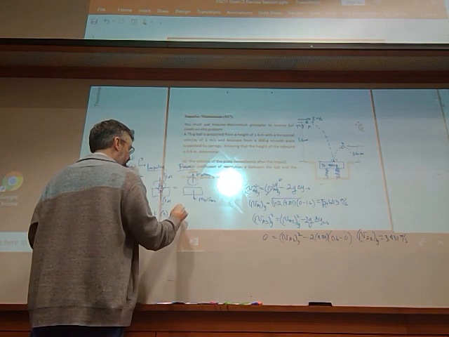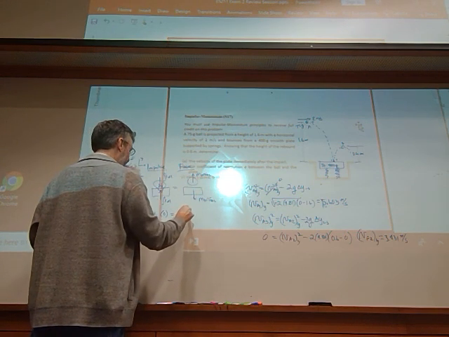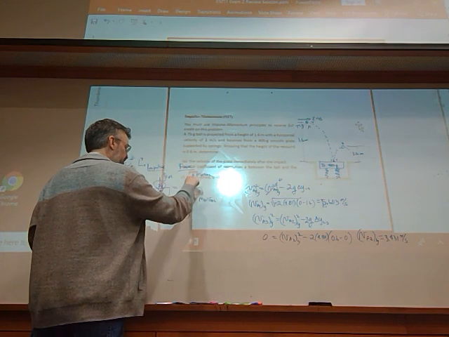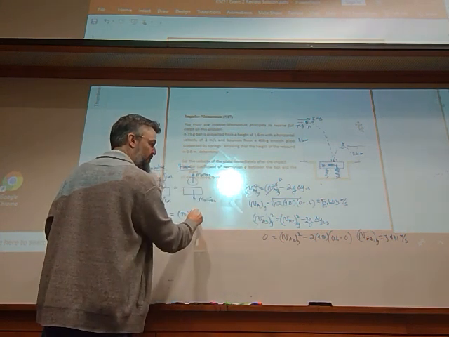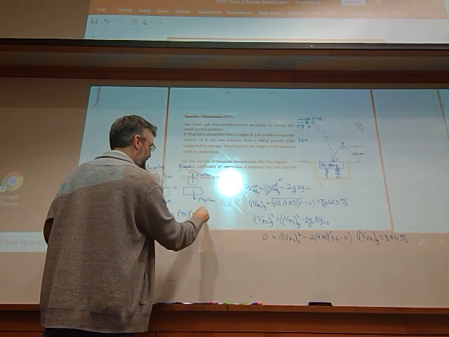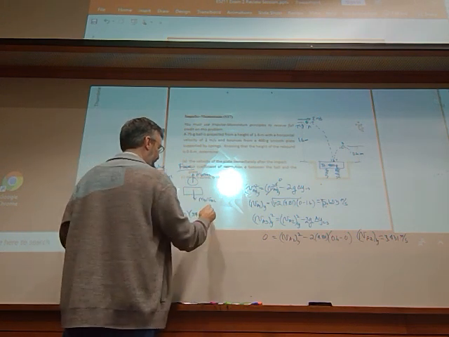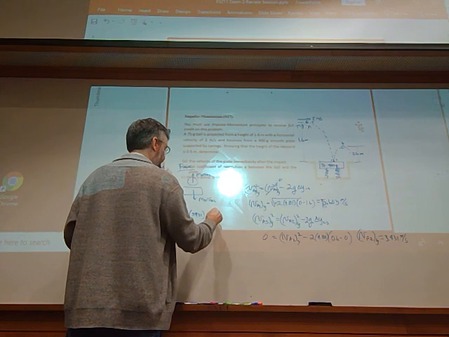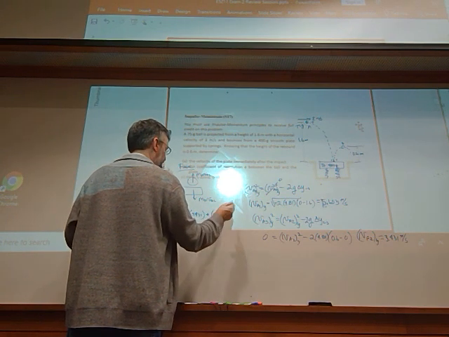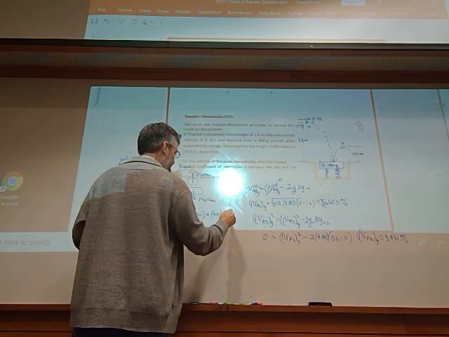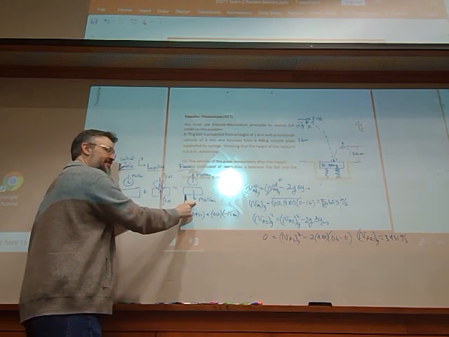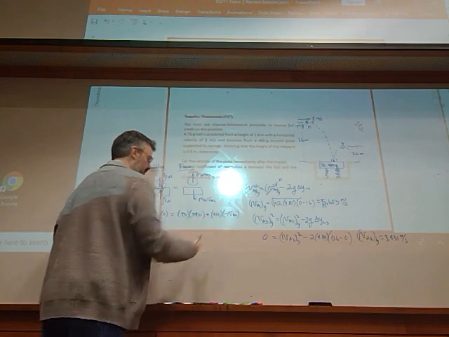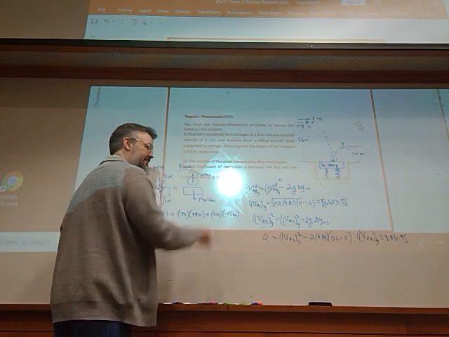And so now we're going to have a positive 75 times the second velocity that we got, 3.431, plus the 400 times this velocity that we don't know, but let's put a negative right there. We could have assumed this was in the positive direction, but it's obvious it's going to go down.